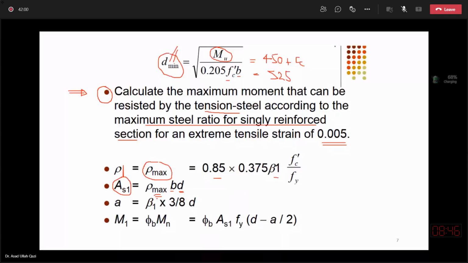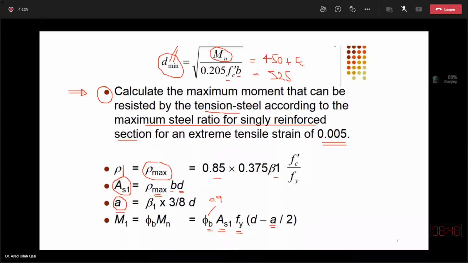It means the uniform stress block depth of this cross section, which has the area of steel equal to rho max of singly, will be beta 1 times 3 over 8 d, because we know that when the strain diagram is 0.005 versus 0.005, the neutral axis will be at 3 over 8 d for c, and a will be beta 1 times 3 over 8 d. So I want to calculate, based on the rho max area of steel, which will definitely be at yield, for this cross section, although shallow, how much resisting moment I can generate. I will put a subscript 1 with that.